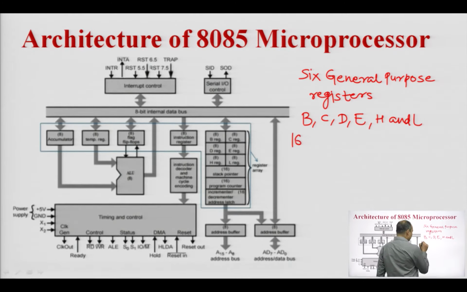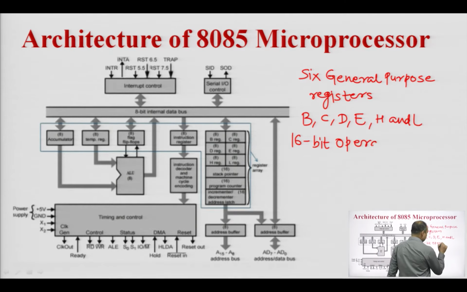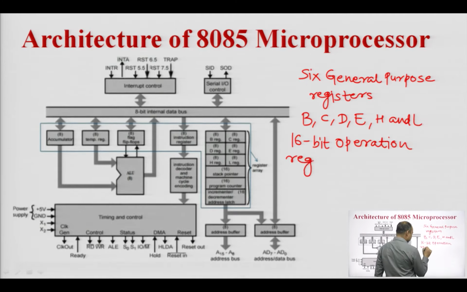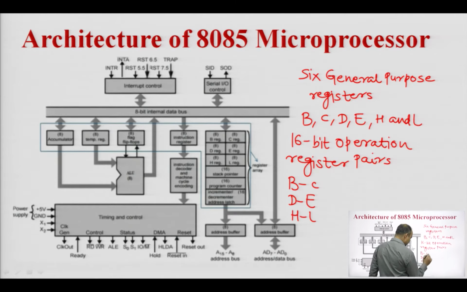The register pairs are BC register pair, DE register pair and HL register pair. No other combination is possible.